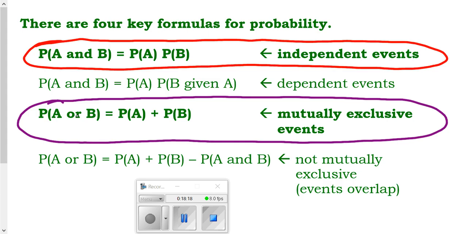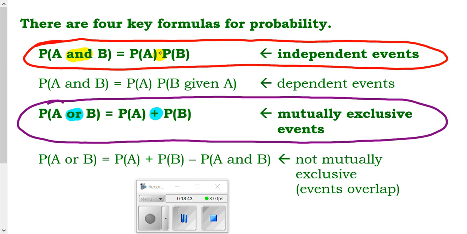I said that the word or, unlike in the rest of the world, is going to indicate adding, which is super weird because usually adding goes with the word and, and in probability, and goes with multiplying. So weird, okay? So the 2 formulas that I circled on the screen right now, those are the 2 that we're going to focus on in this unit.